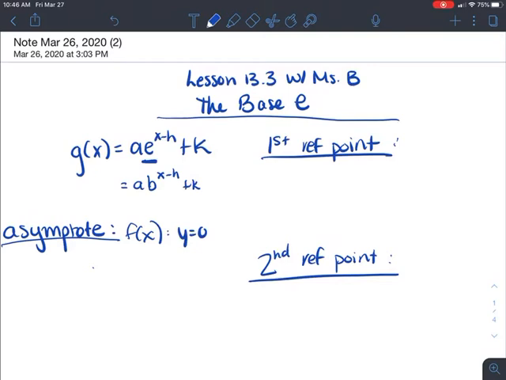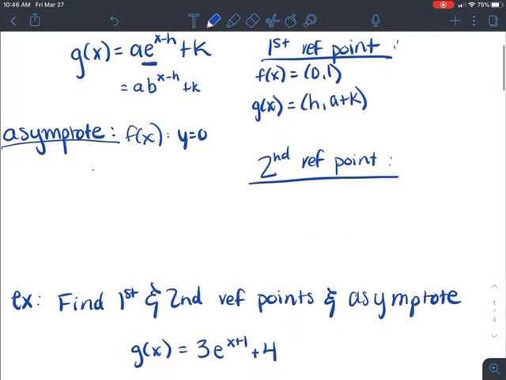All right, so our first reference point for our parent function, or f of x, is (0, 1). For our g of x, our first reference point is (h, a plus k). For our second reference point, our f of x is (1, e), and for our g of x, it's (h plus 1, ae plus k).